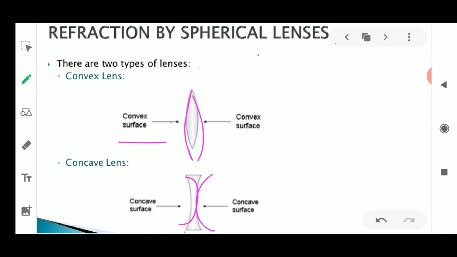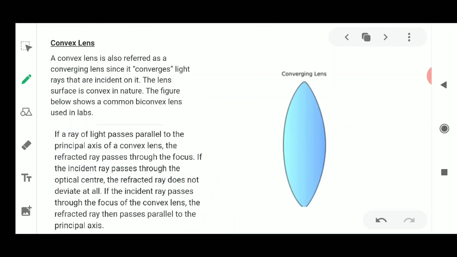So it's very easy to recognize which lens is convex and which is concave. Concave will be depressed inside, and the convex lens will be bulged outwards, fine. Next slide is dealing with the structure of these convex and concave lenses.